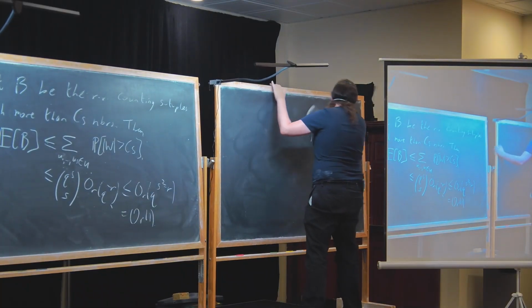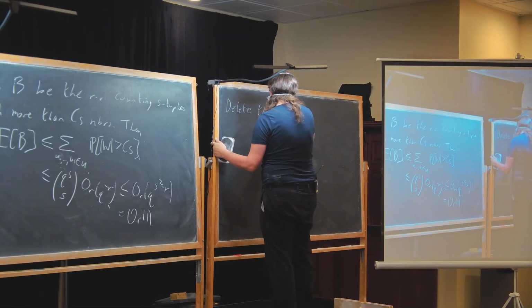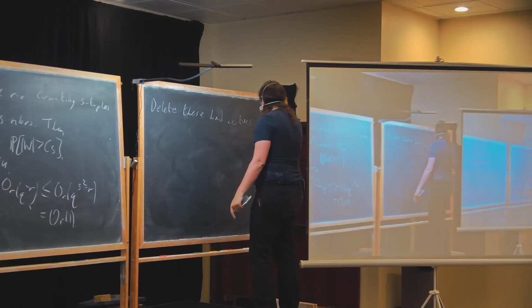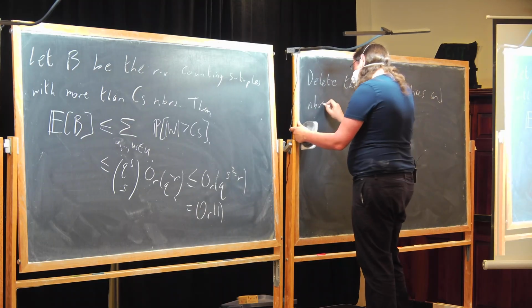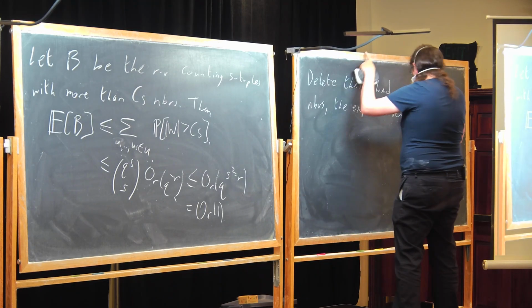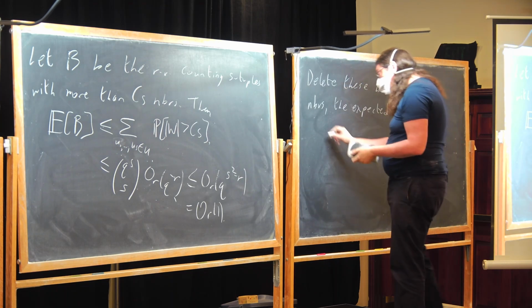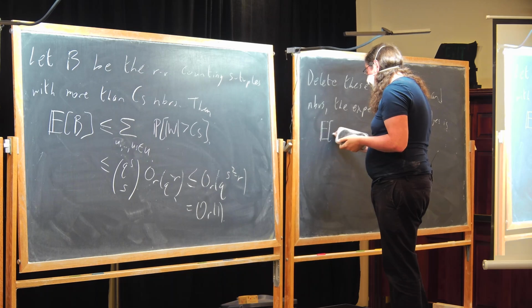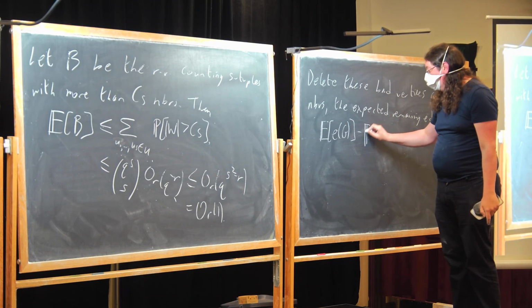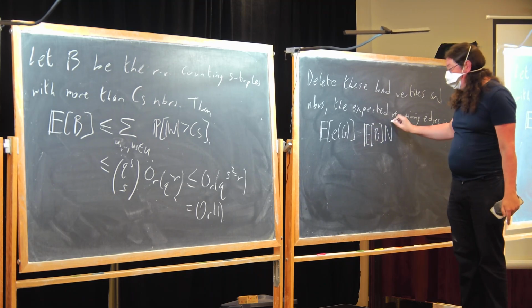So if we delete these bad vertices and their neighbors, the expected remaining edges is, well, at the very start we had this calculation for the number of edges, and now I'm deleting each vertex in B, and I'm deleting all of the edges that come out of that, but there's at most n of these.